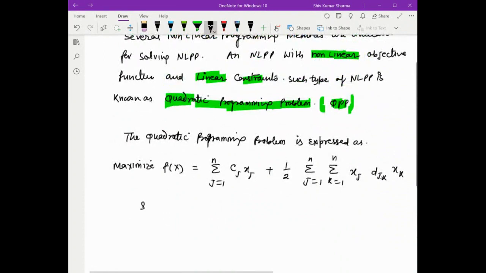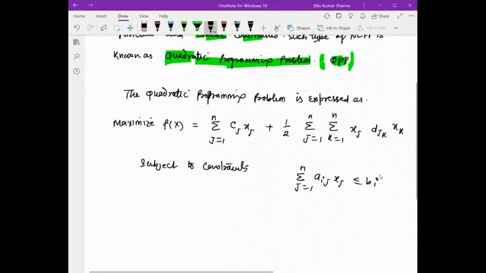and subject to constraints, which are given in this form: summation of j equal to 1 to n aij xj less than or equal to bi, and decision variables we write as all xj greater than or equal to 0, non-negative variables.